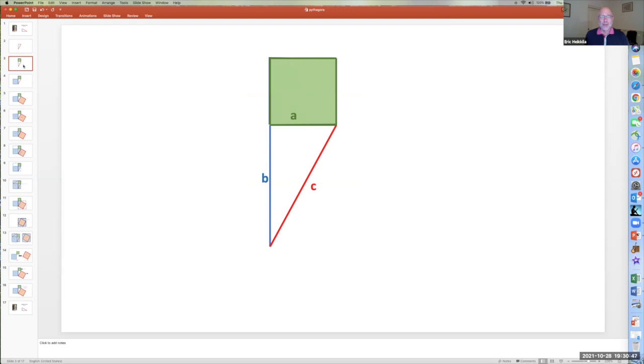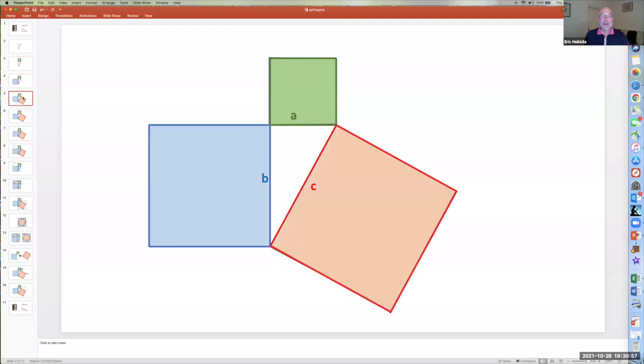And we can find the corresponding squares associated with each of the three sides, A, B, and C. And the areas here are A squared, B squared, and C squared.